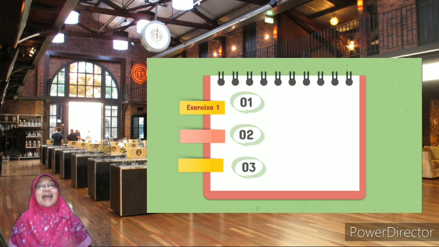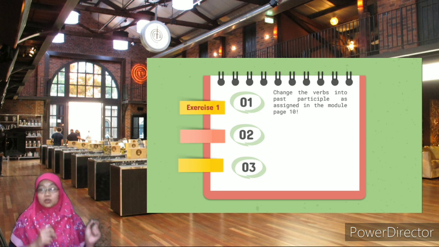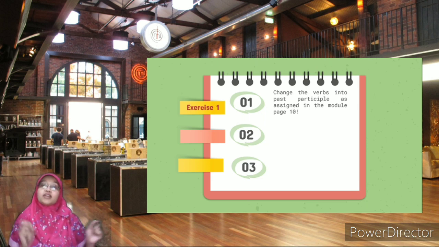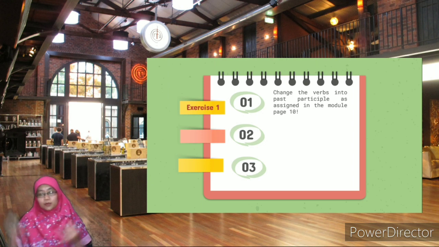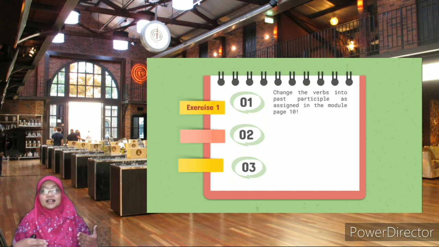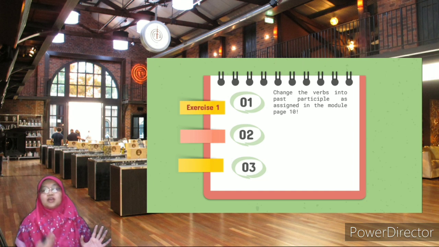So exercise 1: change the verbs into the past participle as assigned in the module page 10. You can go to the Google Classroom. I have already posted the assignment and also the materials that we have today. So you can check later how many verbs you have to change into the past participle.